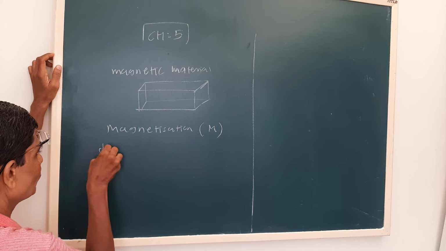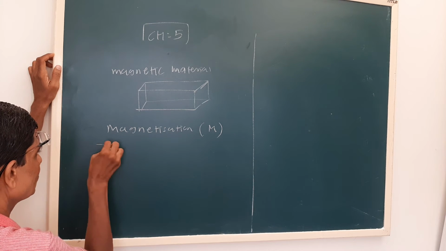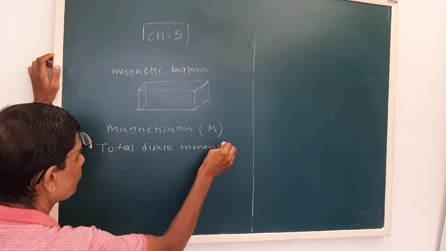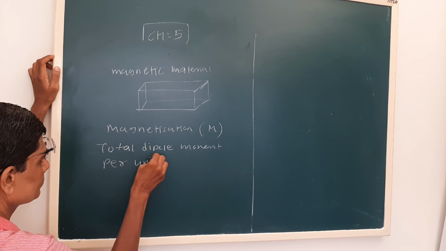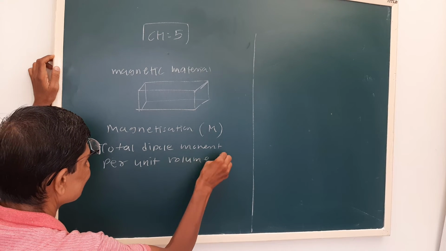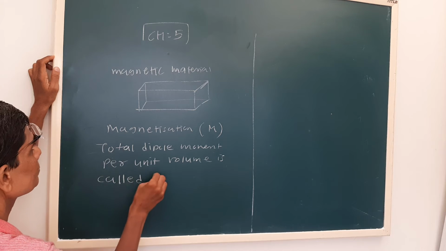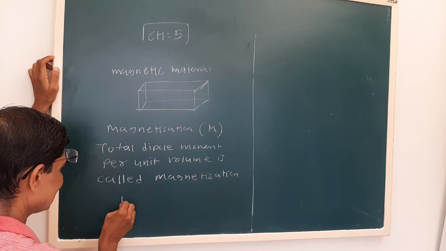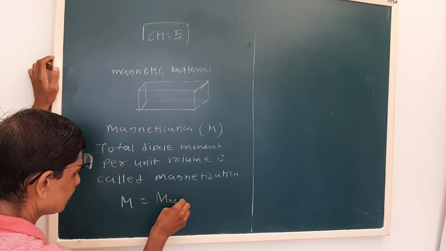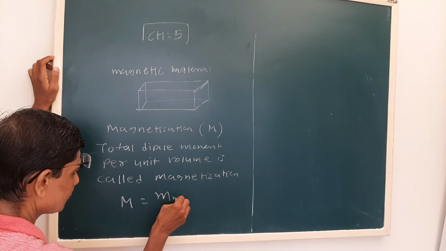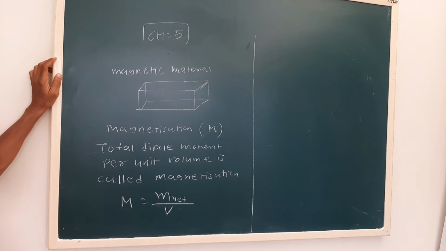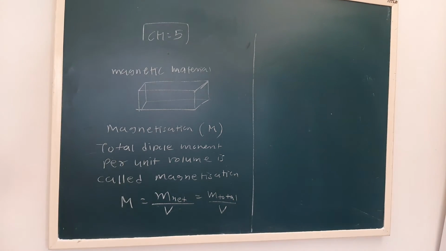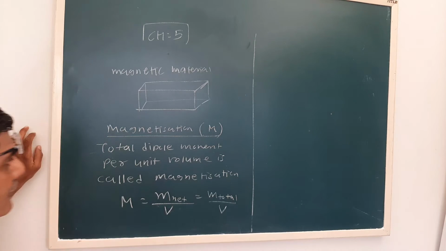The total dipole moment per unit volume is called magnetization. That is, M equals M net, or M total, divided by volume. This is the definition of magnetization.